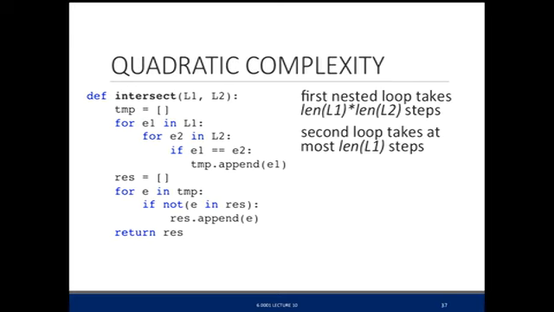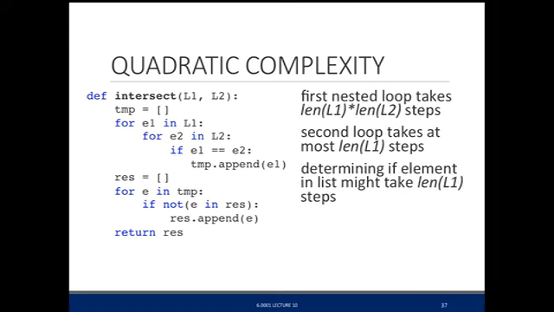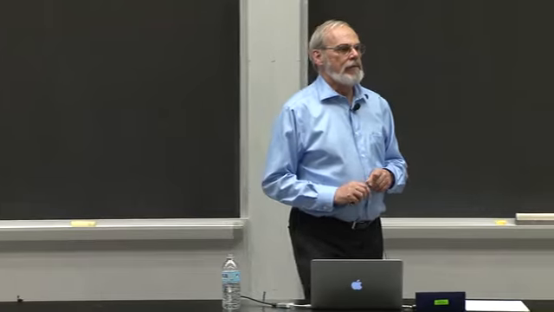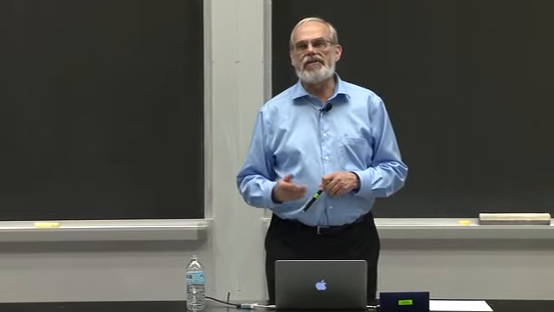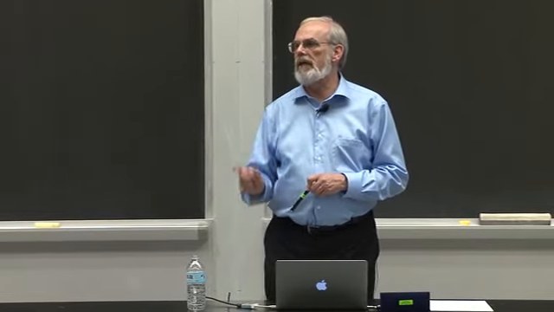What about the second loop? Well, this one is a little more subtle. I'm only looping over temp, which is at most going to be length L1 long. But I'm checking to see, is that element in a list? And it depends on the implementation, but typically that's going to take up to the length of the list to do it.